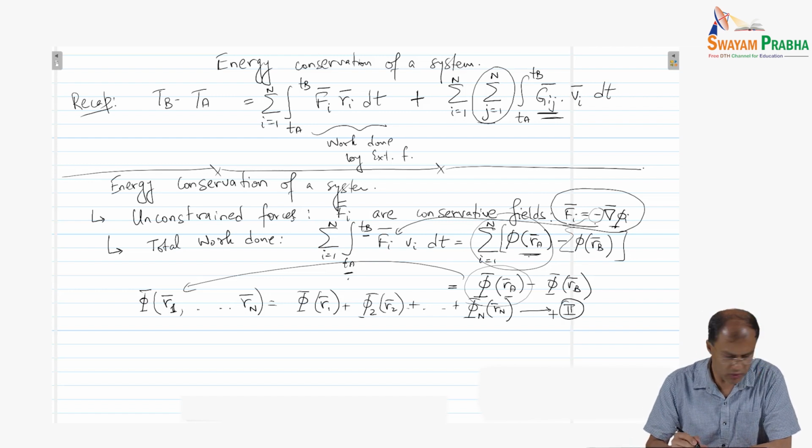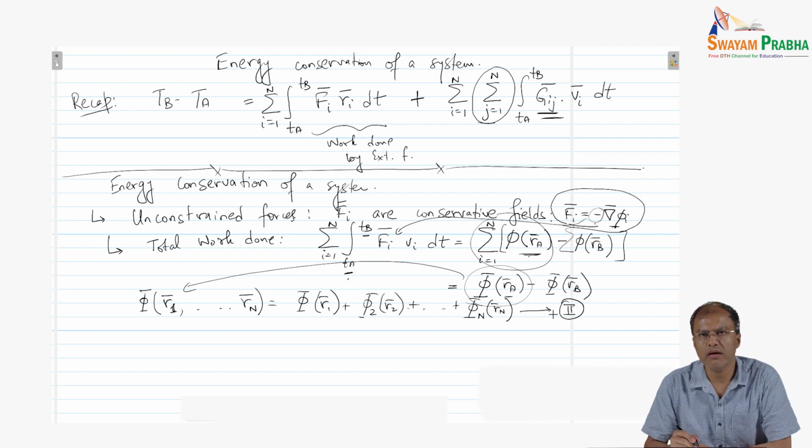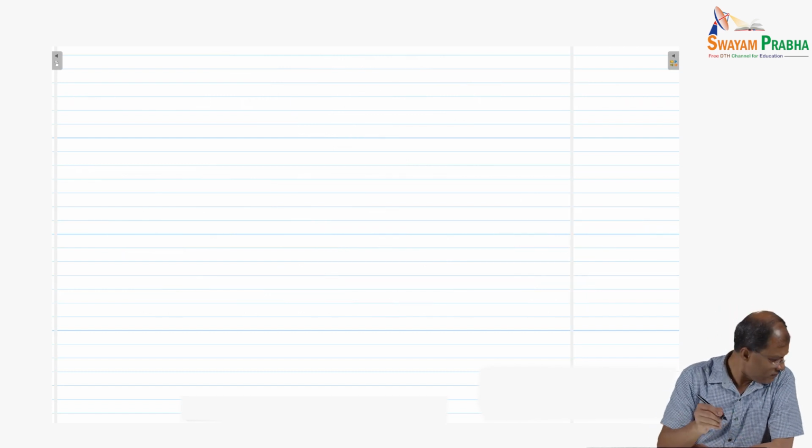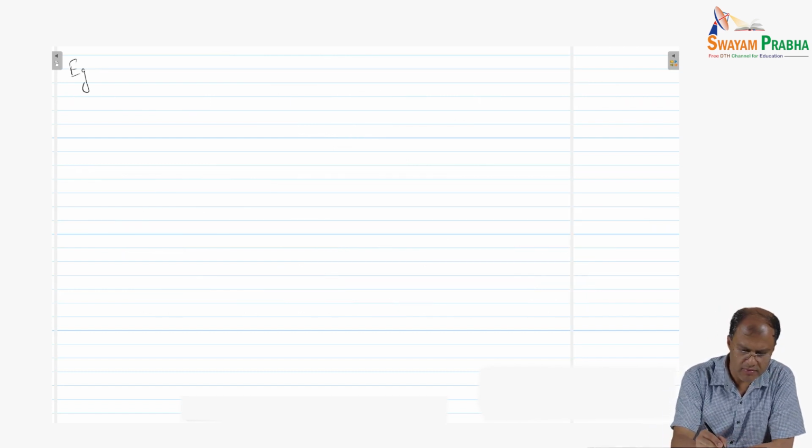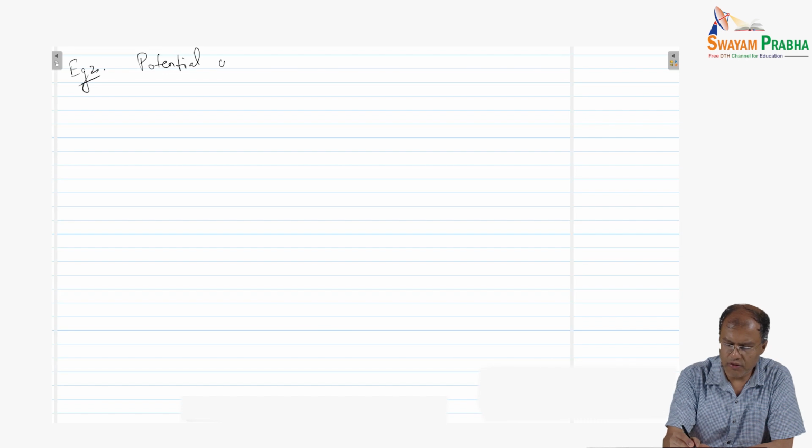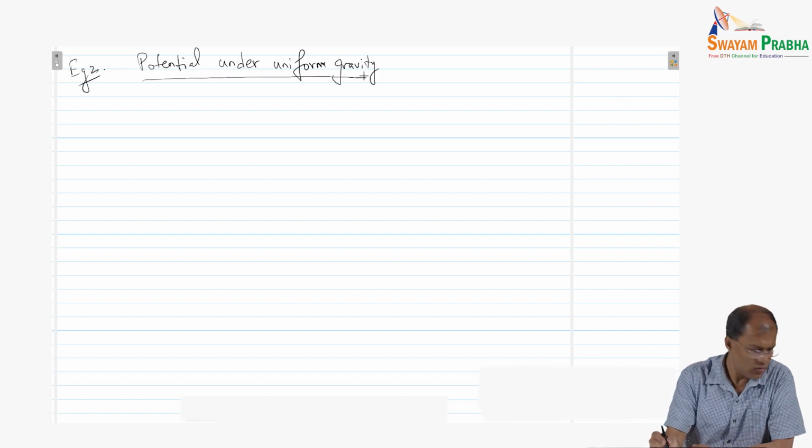Okay. So then let us look at one specific case of this conservative force field, namely the case of an object falling under gravity. So what we have is potential under uniform gravity. Okay, so this is what we have.